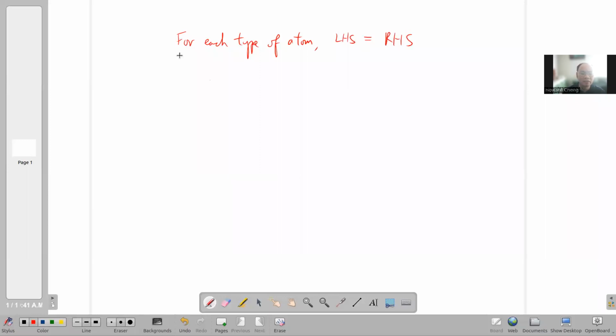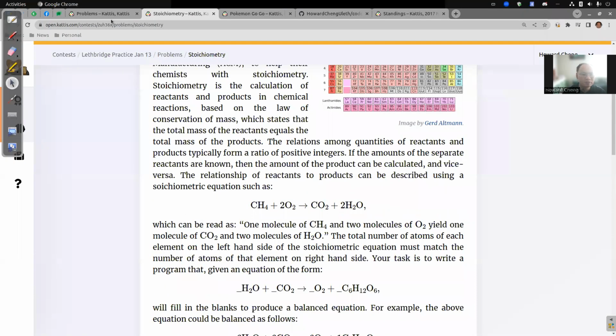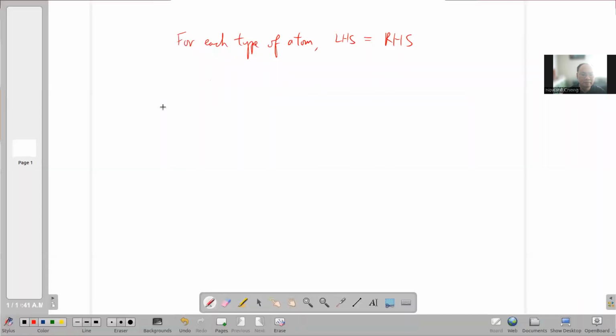So for example, the first equation, the simple one: CH4 plus O2 gives you CO2 and H2O. And the question is, what is in front?